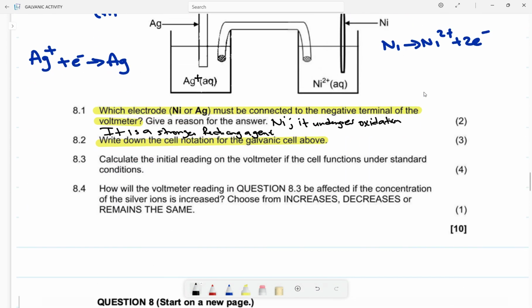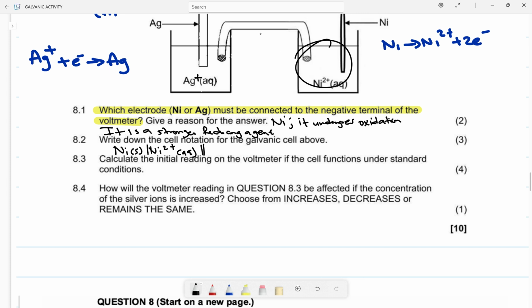So we start with nickel, which is a solid. Even if you do not include the phase, it's fine. The line represents the phase change, meaning you're moving from solid to Ni2+, which is now aqueous, and then your salt bridge.